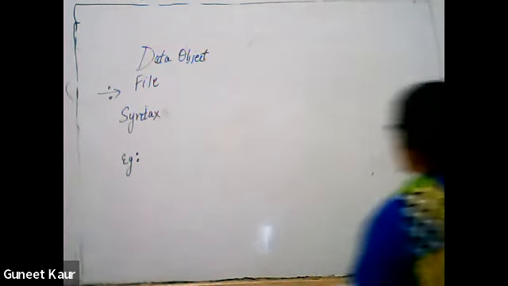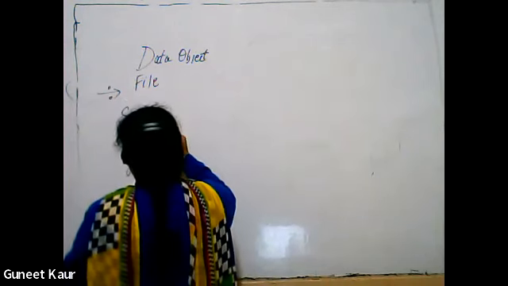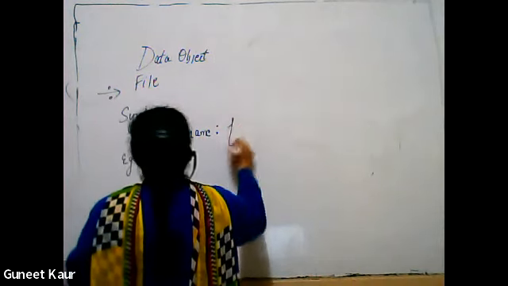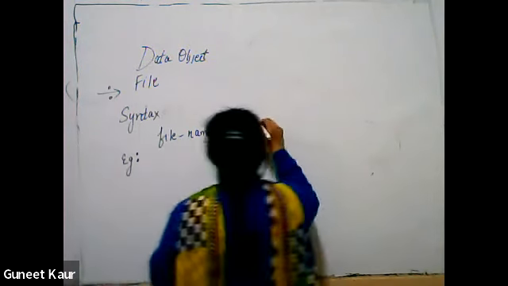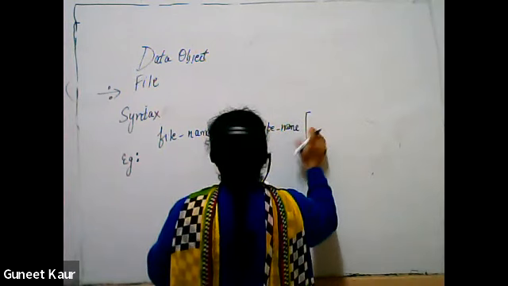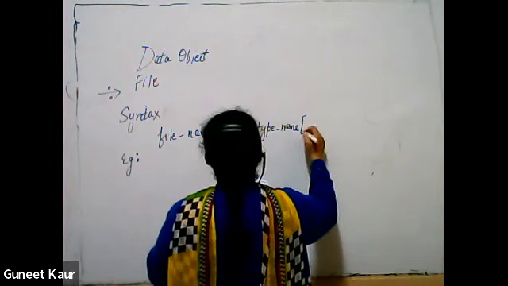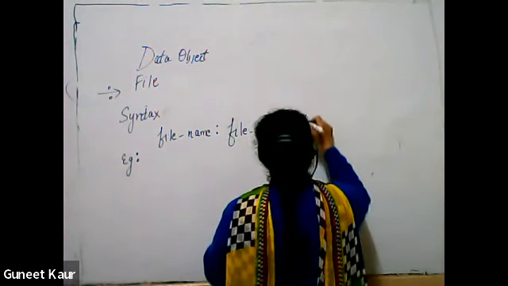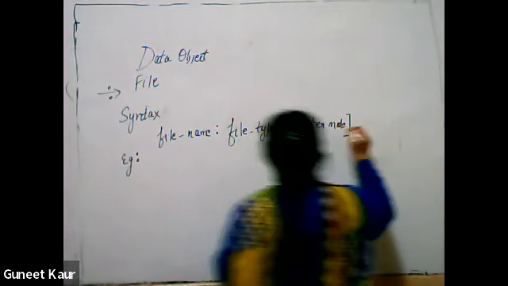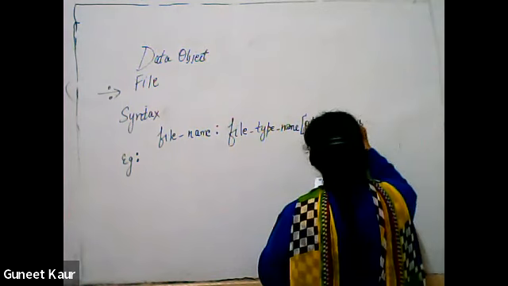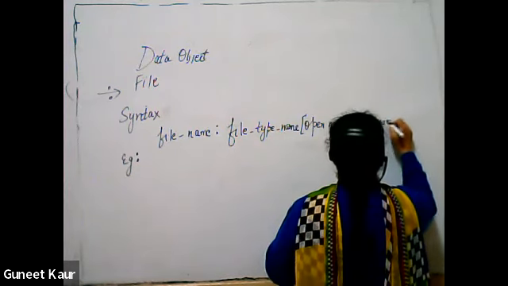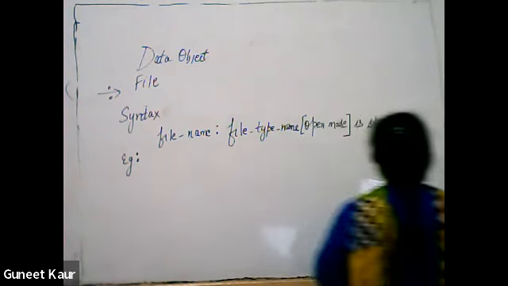I will write now the syntax used for file: file name, colon, file type name, then square bracket, open mode, square bracket close, is string expression.